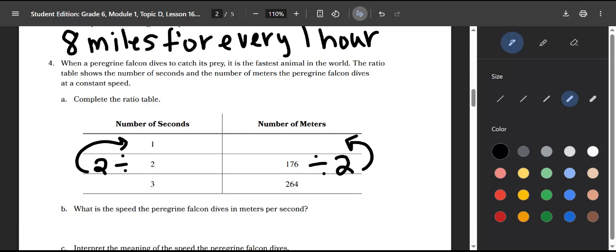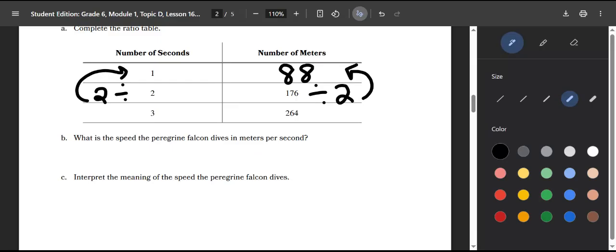So 176 halved, which is the same thing as divided by 2, is 88. B says, what is the speed the peregrine falcon dives in meters per second?